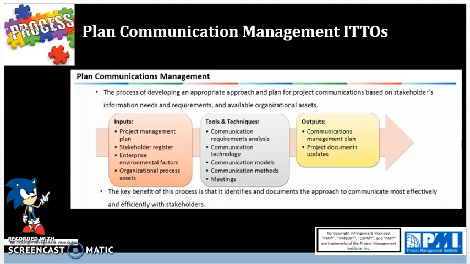This information about authorization can all be part of a RACI matrix that might help you as to who's responsible for what in the communication pipeline. Then you have project document updates, which are updates to the project schedule and stakeholder register. So the key benefit of planning communication management is it identifies and documents the approach to communicate most effectively and efficiently with stakeholders.